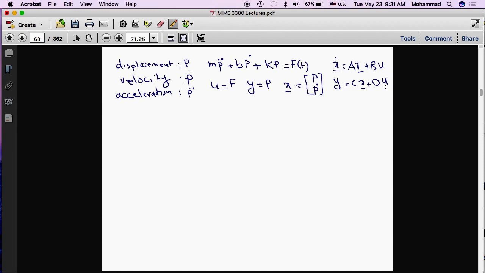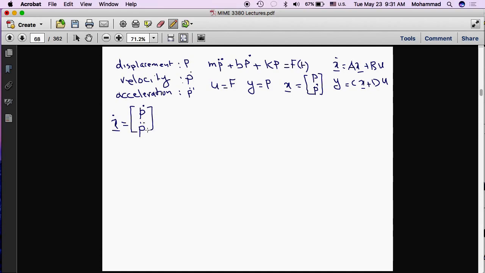Okay, so let's start with x dot. What is x dot? Let's figure that out first. We know what x is. So what is x dot of x, which is going to be p dot and p double dot.